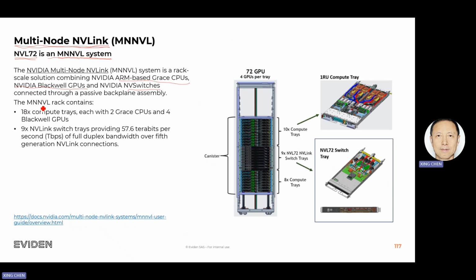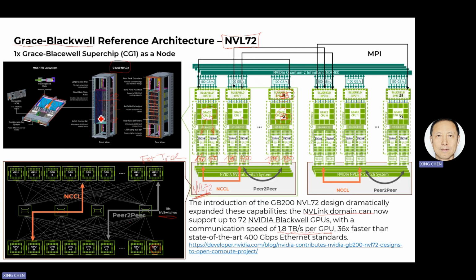So the MNNVL rack contains 18 compute trays and 9 NVLink switch trays. Okay, and those are the performance parameters for these NVLink switches and the NVLink network. If you compare these 72 GPUs, 4 GPUs per tray, with the previous one, this is the same thing.